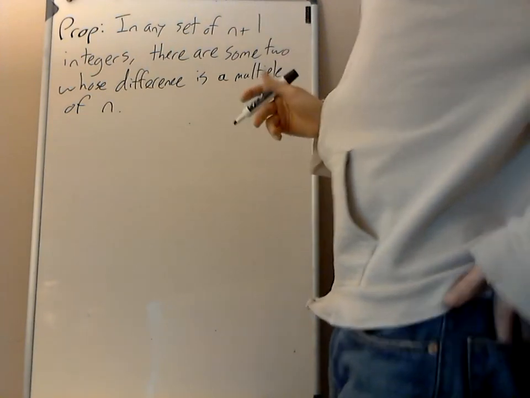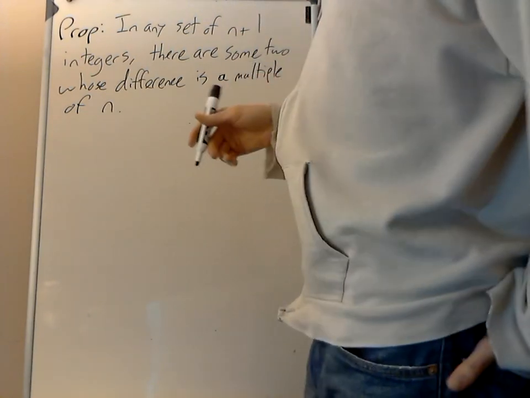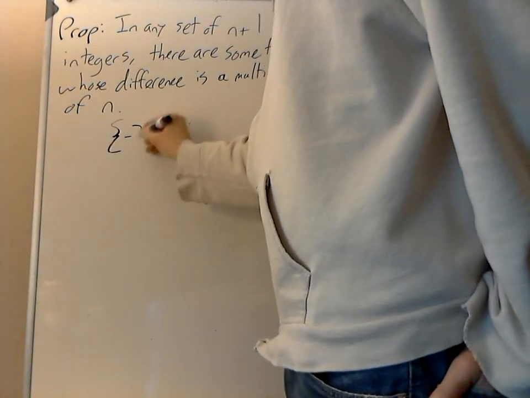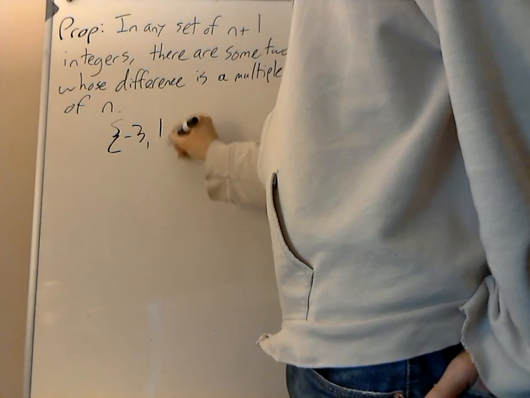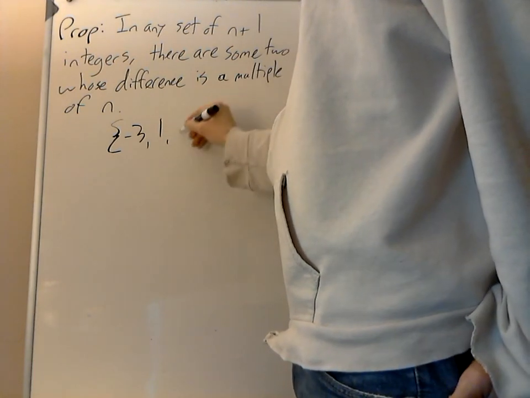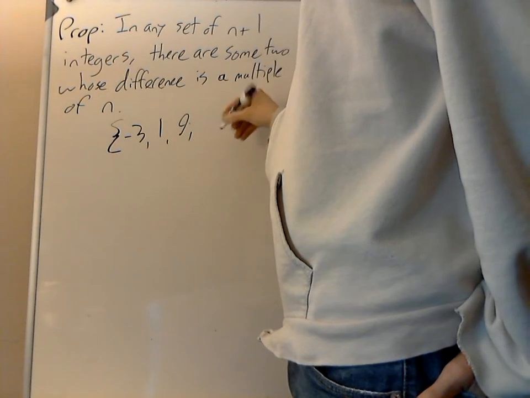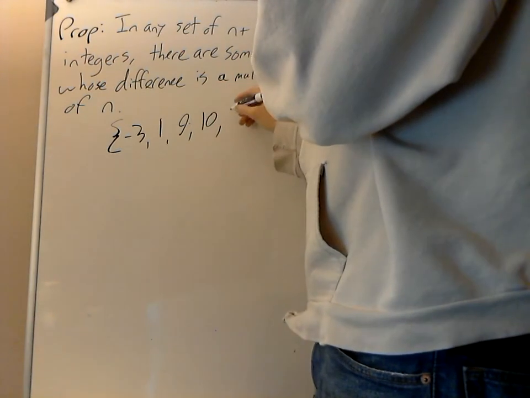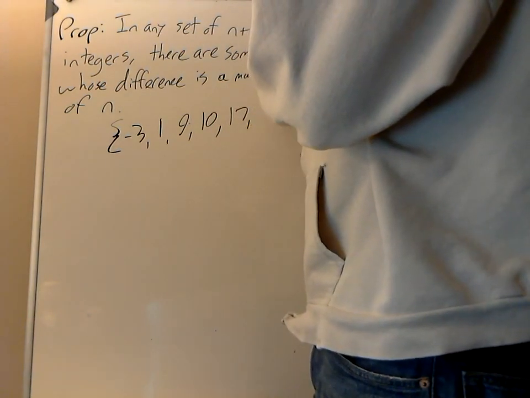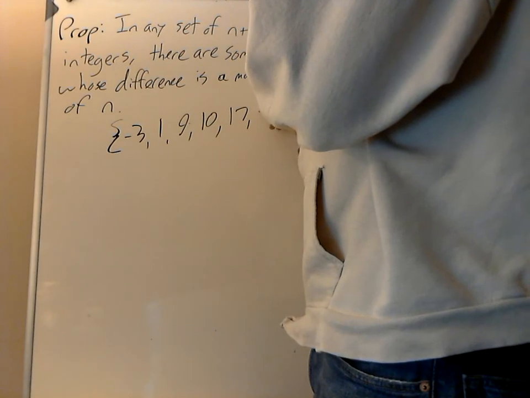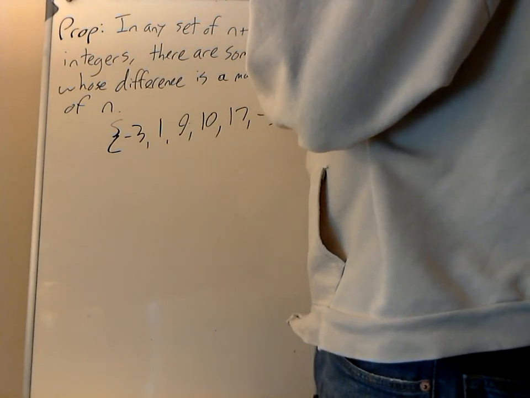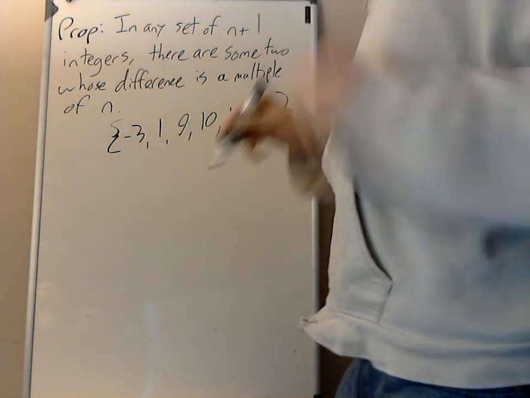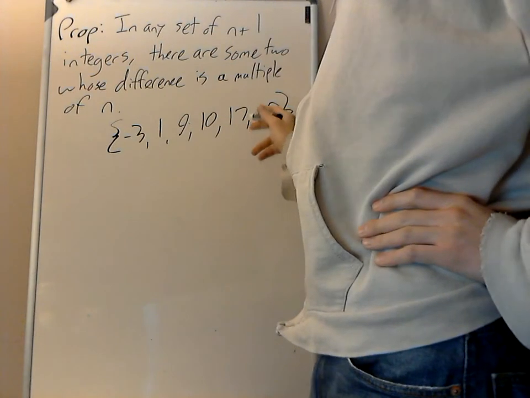So let's try a quick example here. Let's say that n is equal to 5. We might have, say, -3, 1, maybe 9, 10, 17, and -5. So we only need to find two integers in this set whose difference is a multiple of n.